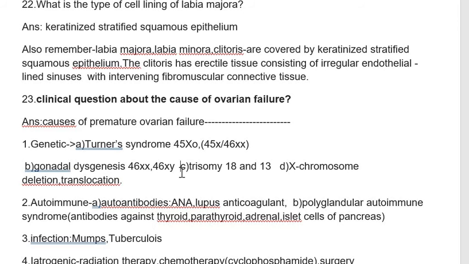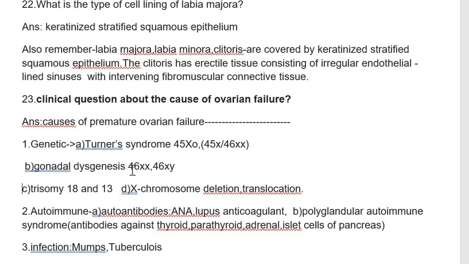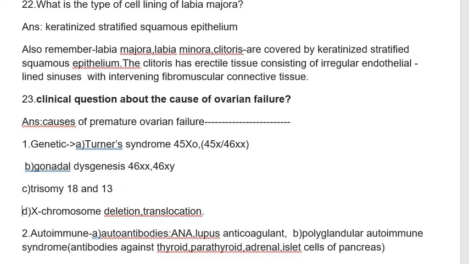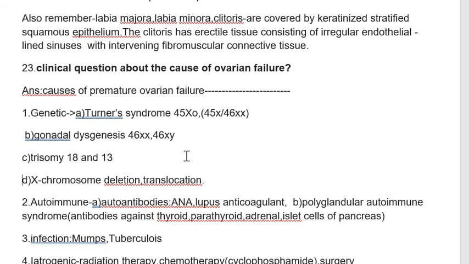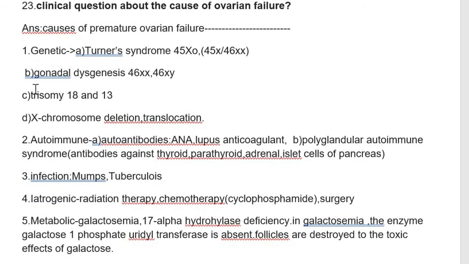In gonadal dysgenesis, the chromosomal composition can be normal, but as the name dysgenesis means, the gonads are not formed. So this is the most important and most common cause of primary amenorrhea also. You can get different mosaics. Then trisomies 18 and 13, that is Edwards syndrome and Patau syndrome.